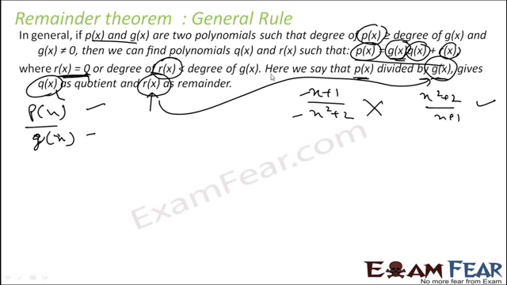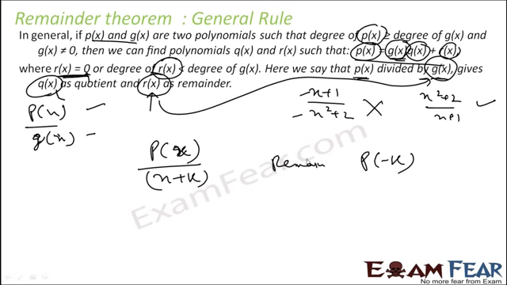This is clear? This is a general statement of whatever we have learned. Okay, and if you talk about remainder theorem, when you divide px by x plus k, the remainder is nothing but p of minus k.